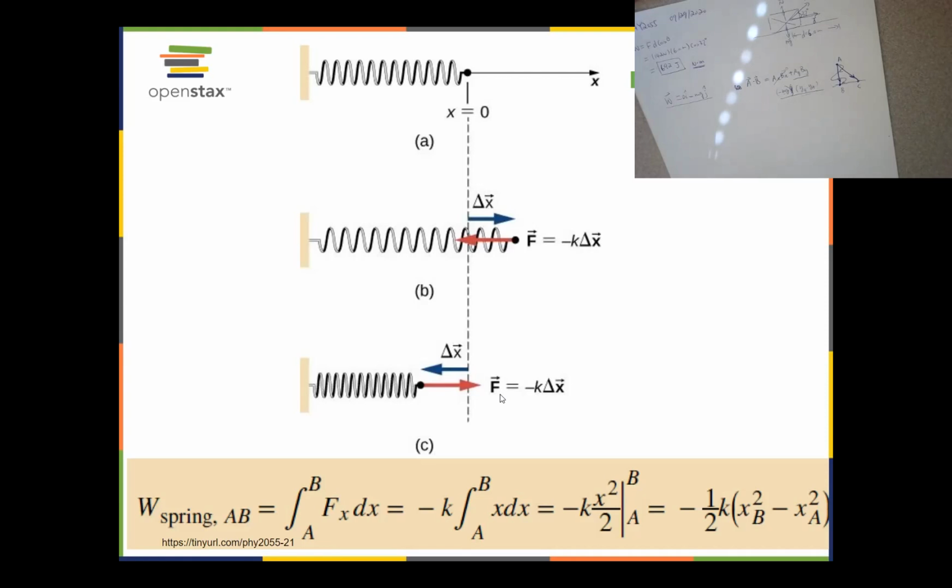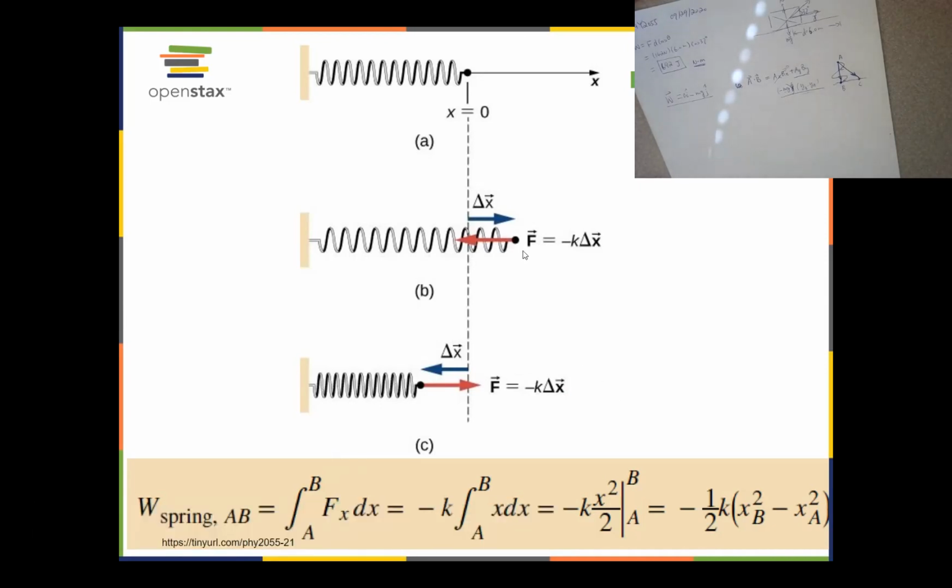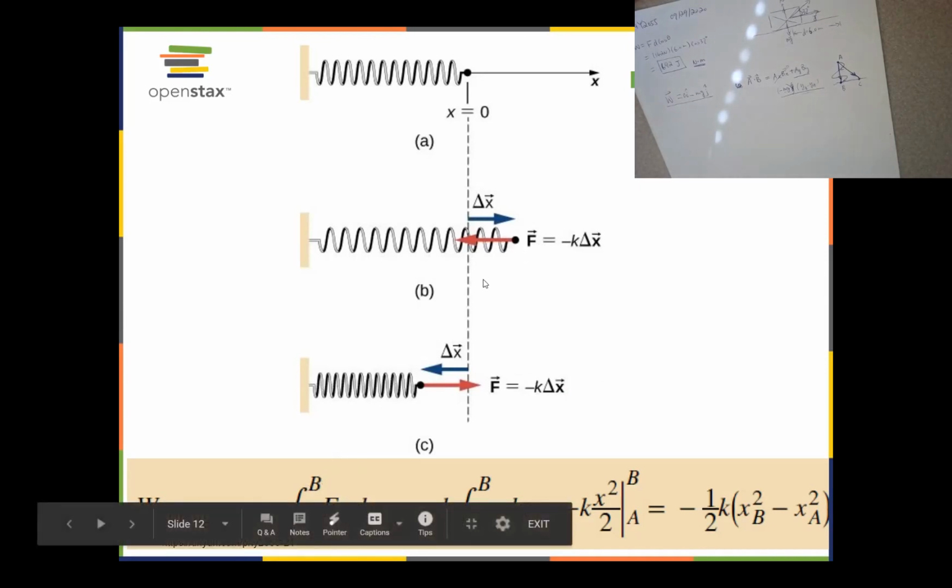All right. This force F is a varying force, it depends on delta x, so it's not a constant force. So then you want to do the integration. For the work done by a spring force, you are going to integrate from point A to B, F times dx.